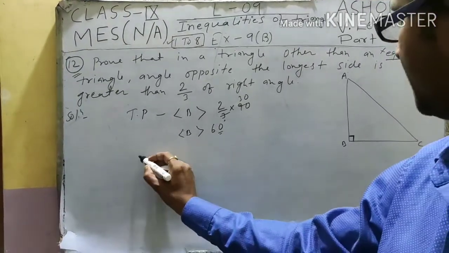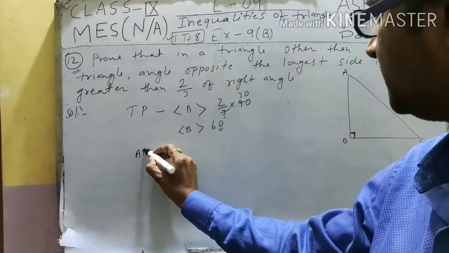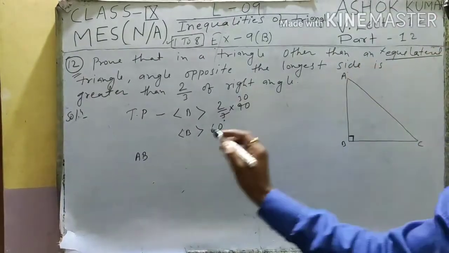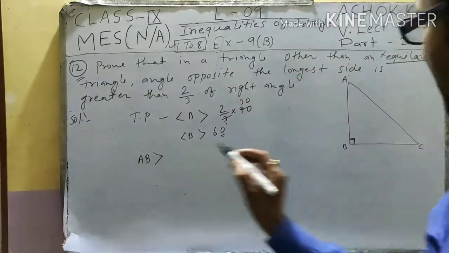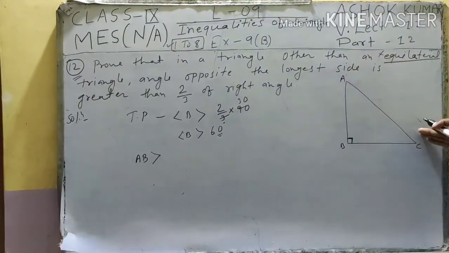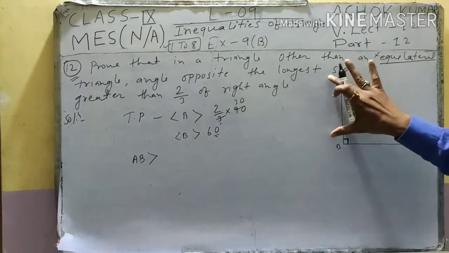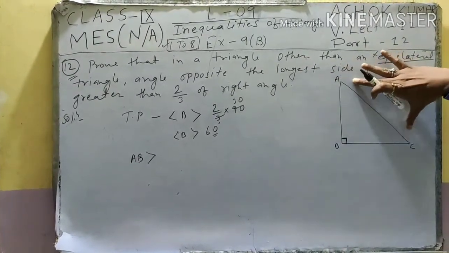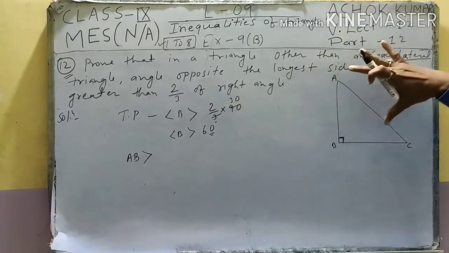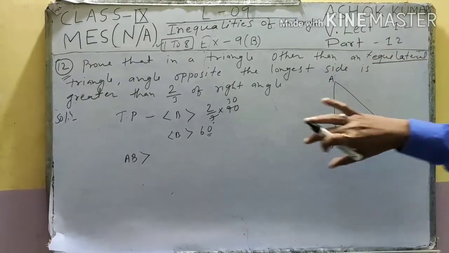According to this triangle, we can write AC is greater than AB, as well as AC is greater than BC.